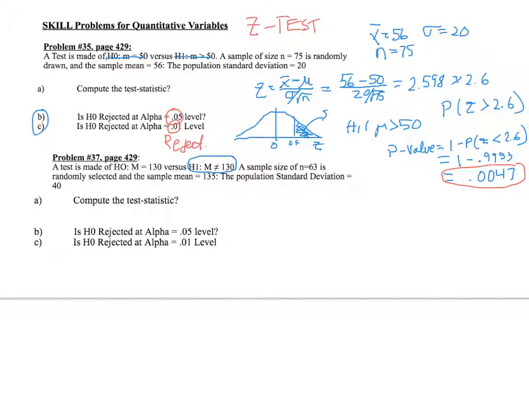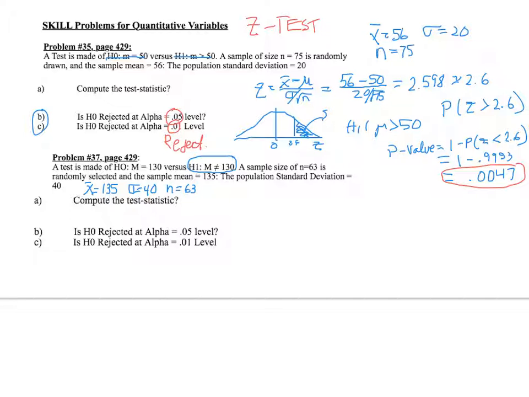When we compute our pieces of information, let's take a look at those. We have a sample mean equal to 135, a population standard deviation equal to 40, and n is equal to 63.